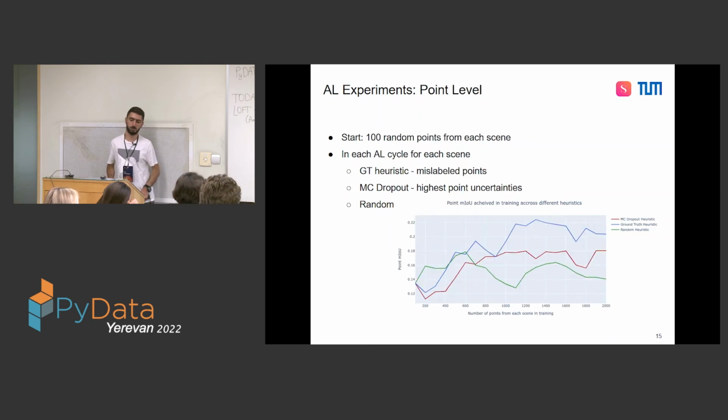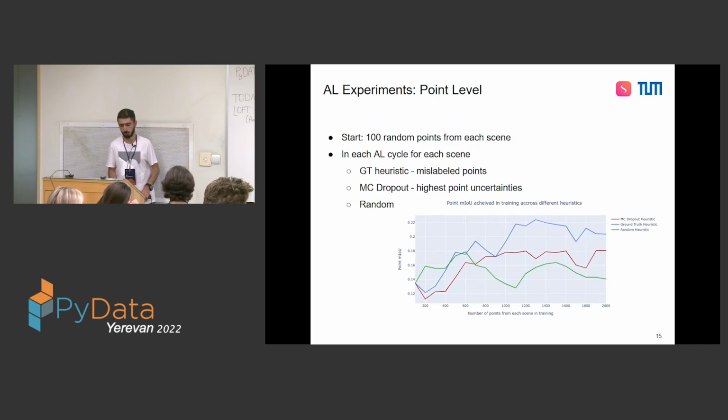And finally, we also performed the point-level experiment. In this case, we start with 100 random points from each scene. Then in each cycle, with the ground truth heuristic we again select 100 points from the mislabeled points.